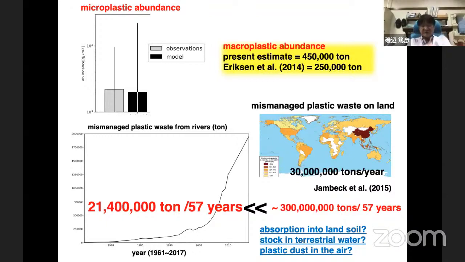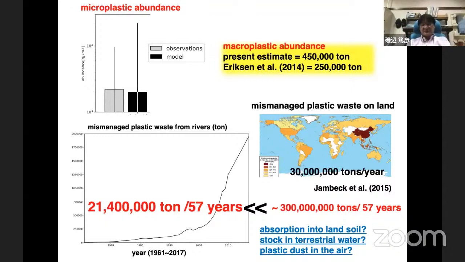we have to wonder about this very big difference between the particle release from rivers and mismanaged plastic waste on land. According to Jambeck, mismanaged plastic waste on land is about 30,000 tons per single year.